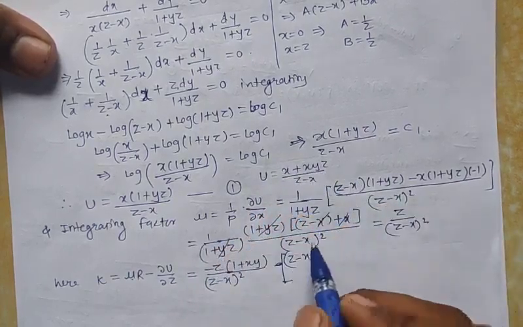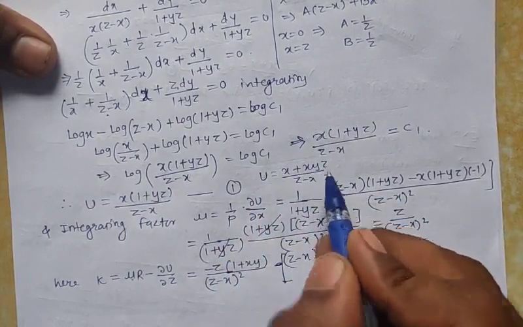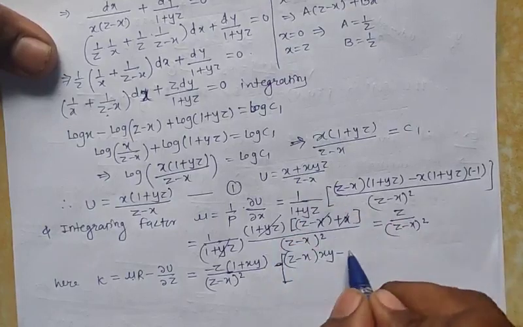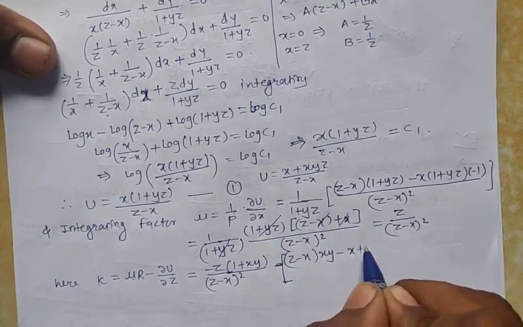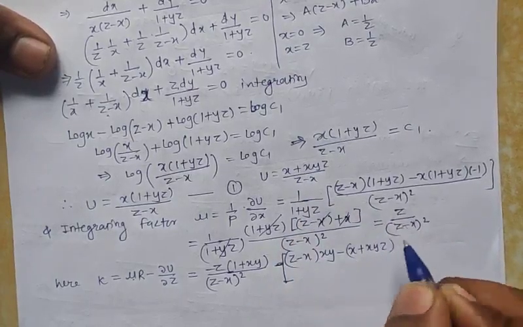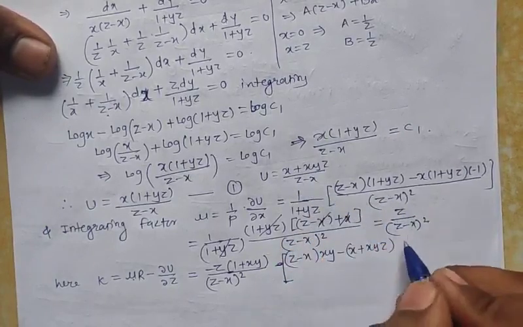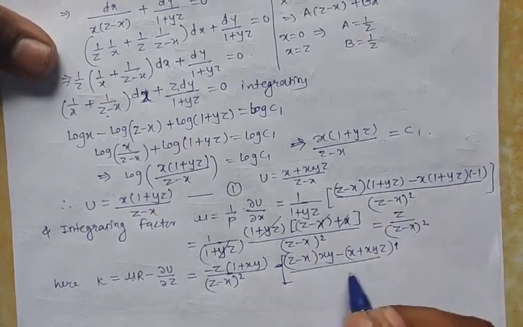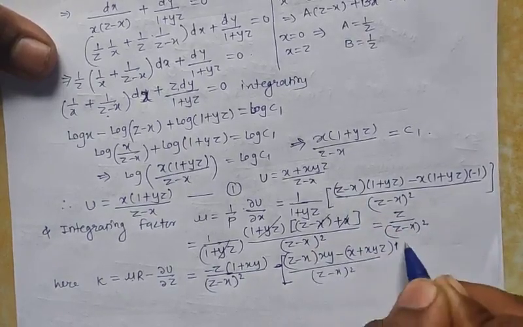So z minus x into the derivative of this function with respect to z, which is xy, minus x plus xyz into the derivative of z minus x with respect to z, which is 1, all over z minus x bracket square.